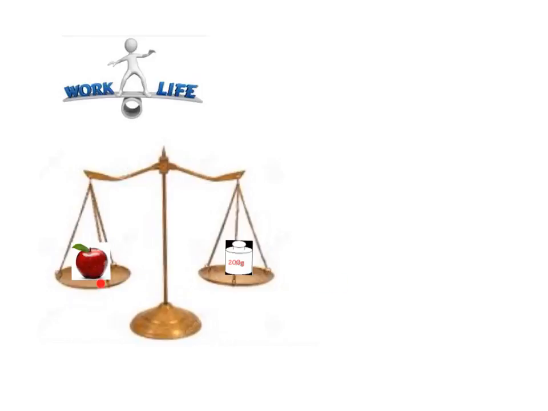So bear in mind, whatever we do on one side, we need to do the same on the other side to keep it balanced. As we said, 1 apple equals 200 grams.